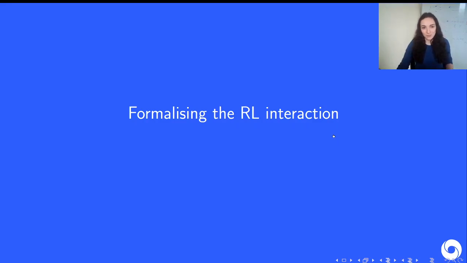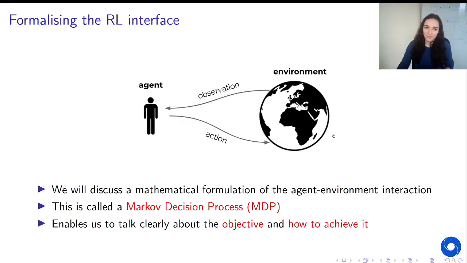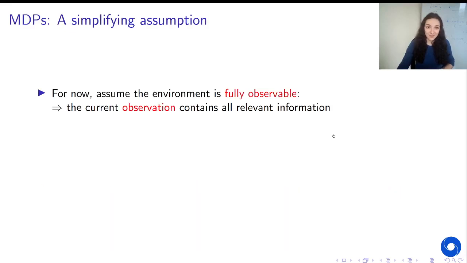Okay. First item on the agenda, formalizing the RL interaction. So we're going to discuss a mathematical formulation of the agent-environment interaction. This is called the Markov decision process, and this enables us to talk more clearly about the objective of an RL agent and how to achieve it. First, a simplifying assumption.